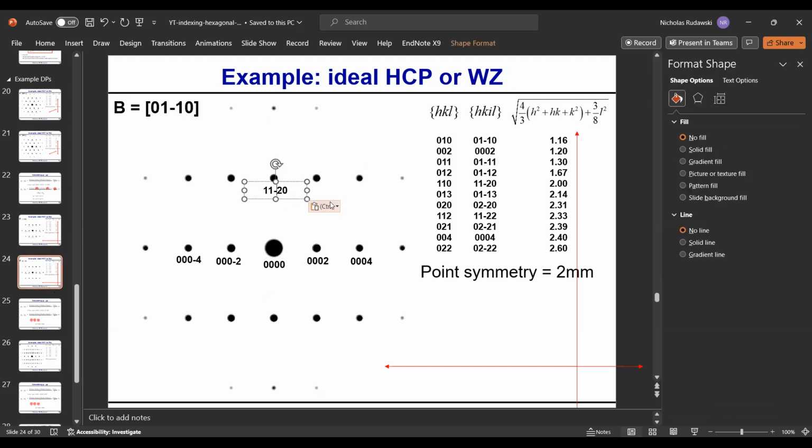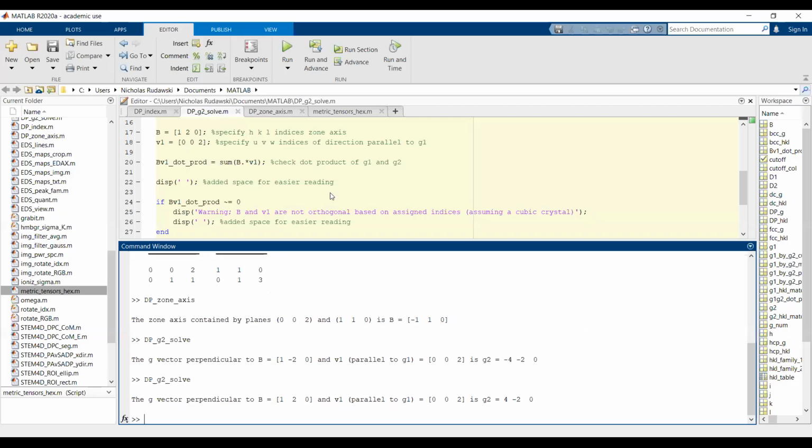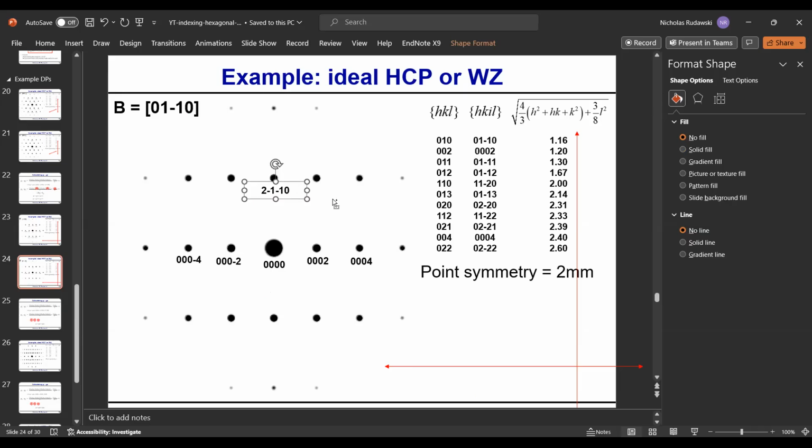Okay, so this spot here becomes 2, 1 bar, 1 bar, 0. This then reduces down to 2 bar, 1, 1, 0. Okay, do the vector math. That's a 2 bar there.